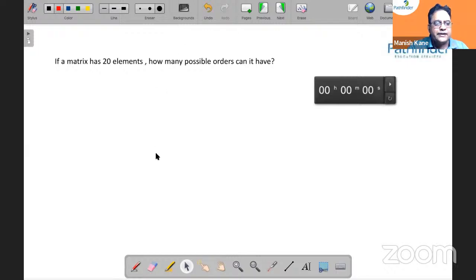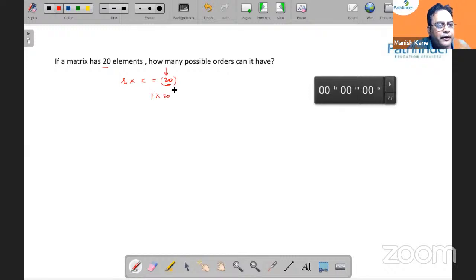Okay, so somebody has said 6. So if a matrix has 20 elements, obviously row into column must be equal to 20. So essentially this problem reduces to the number of ways in which I can break 20 into a product of 2 factors.